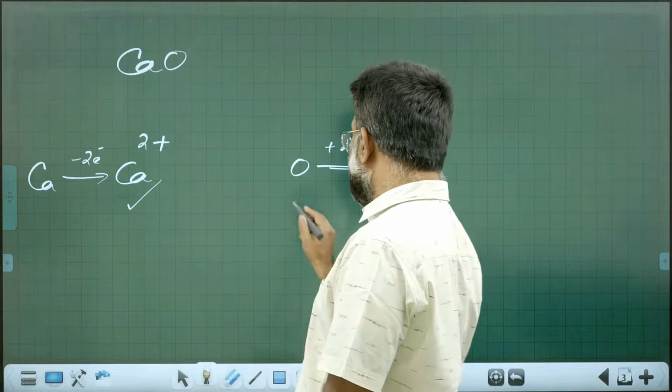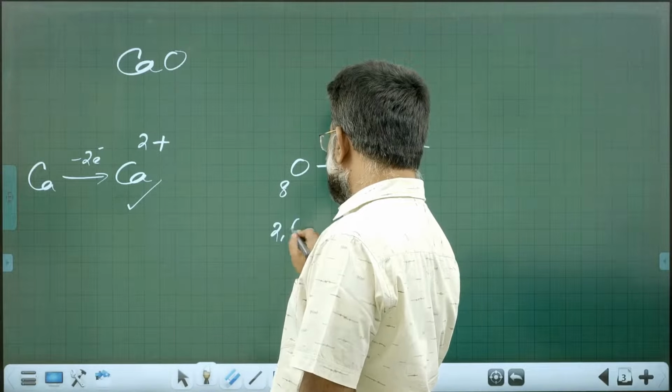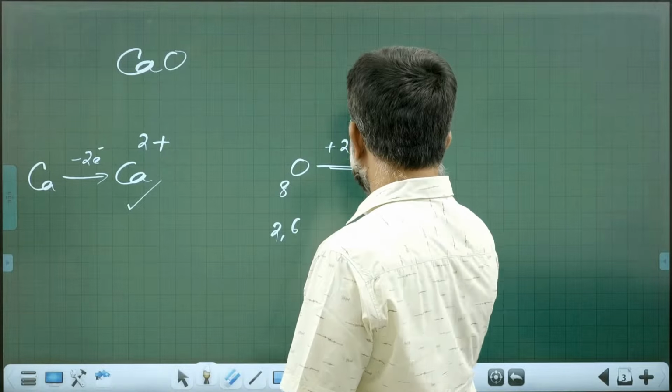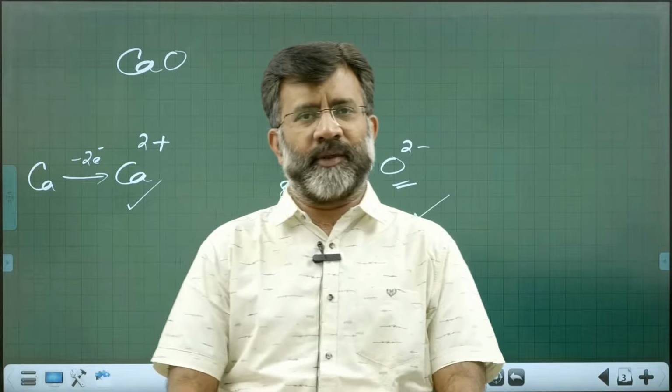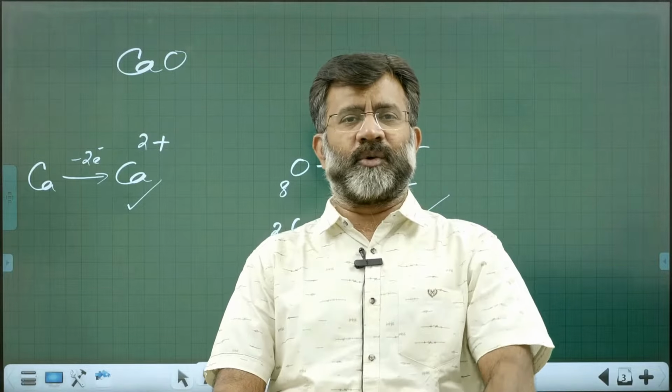I don't have to tell you, the atomic number of oxygen is 8, and gaining 2 electrons, the octet is completed. So in this scenario, calcium loses 2 electrons, oxygen gains 2 electrons.